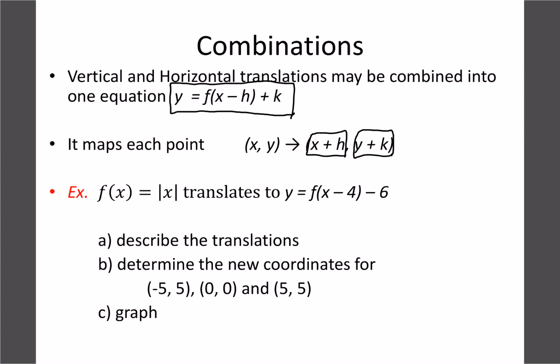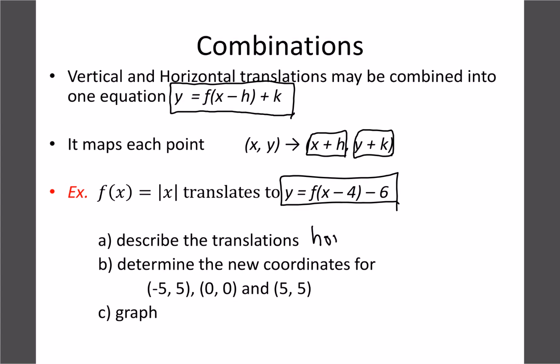So here's an equation. Our original graph is absolute value of x, which sometimes they give you the equation, sometimes they don't. It really doesn't matter. And it says we're going to do this translation to that graph. Often they'll ask, describe what's going on, which is basically saying what's happening in English and give me a written description. If you look at this, we have a minus 4, so that's our horizontal.